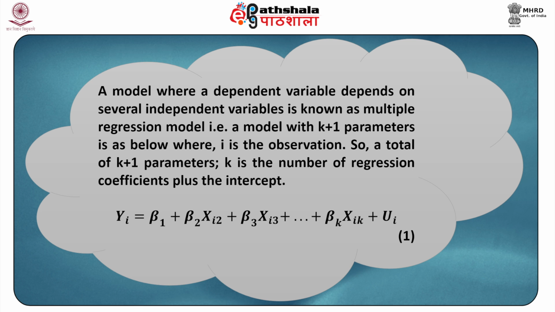This is our equation 1. In this, yi is the dependent variable, xi2 to xik are explanatory variables, beta 1 is the intercept, and beta 2 to beta k are all our slope coefficients.